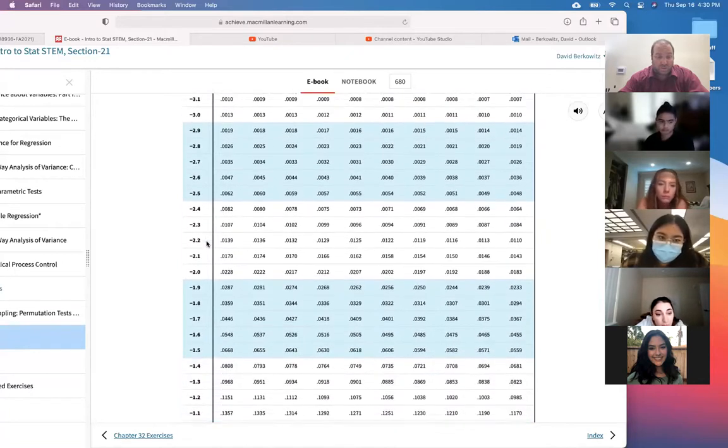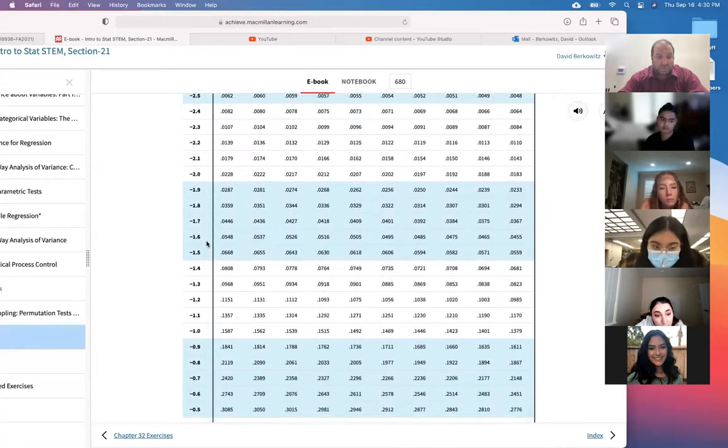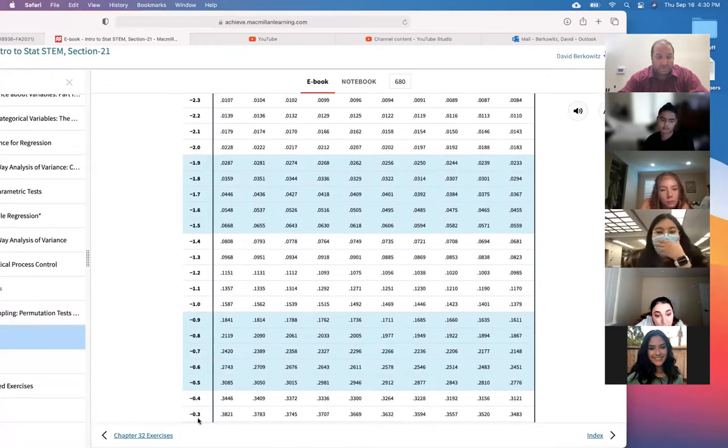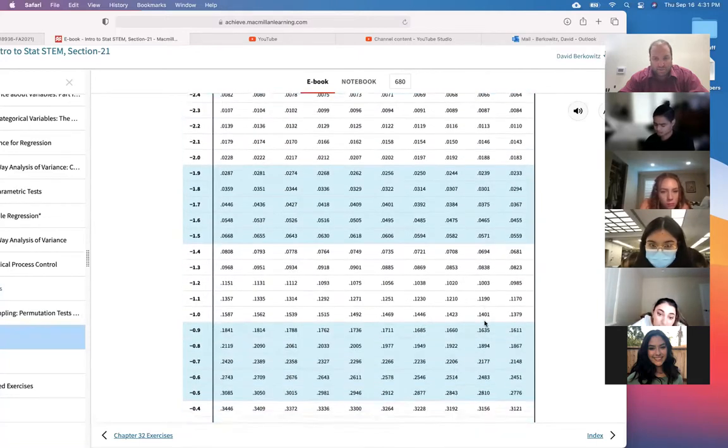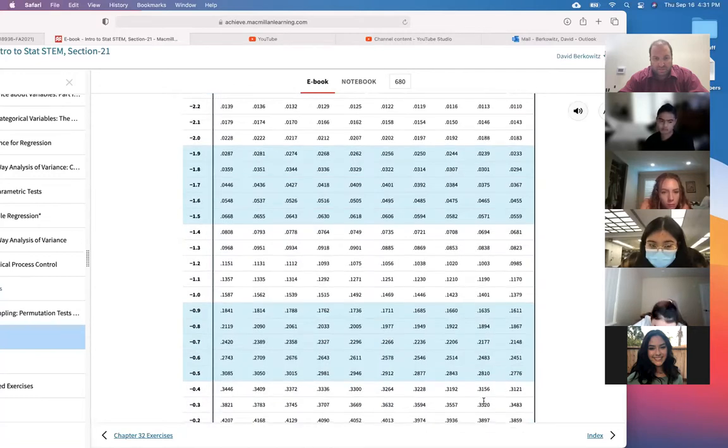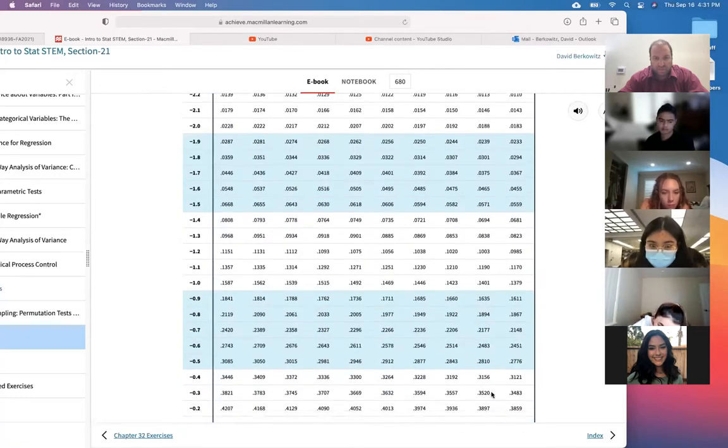So I'm going to scroll down to negative 0.3, and the heading 8 is the second to last column. So negative 0.38 would be right here: 0.3520. That means the likelihood of being to the left of negative 0.38 is equal to 0.3520.